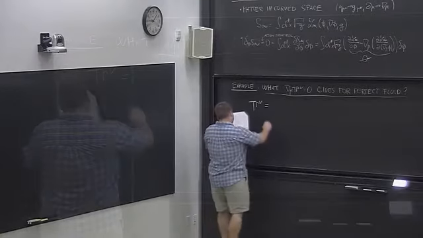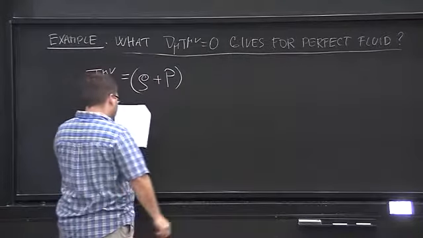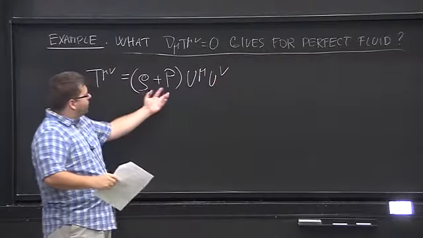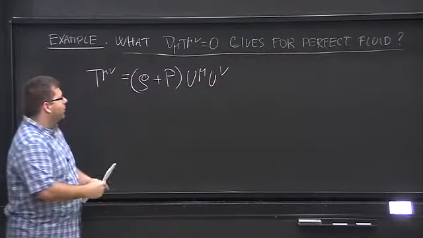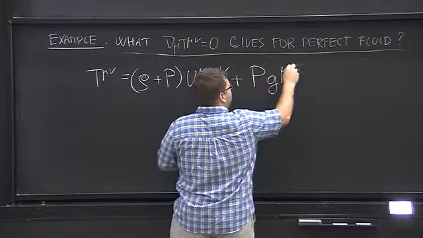These quantities, of course, enter the expression for T mu nu, and T mu nu is simply given by energy density plus pressure times four-velocities plus pressure times the metric.